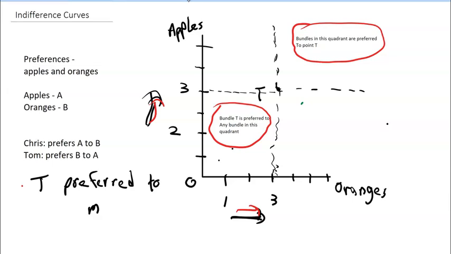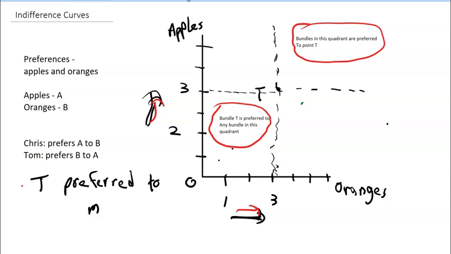So we really cannot say, and this is where the points become a little fuzzy. We don't know if this point, let's say point K, is better than T, or if point R is better than T. This is where it depends upon the individual. So we have to give them different bundles and ask them, okay, this bundle has 3 apples and 3 oranges.